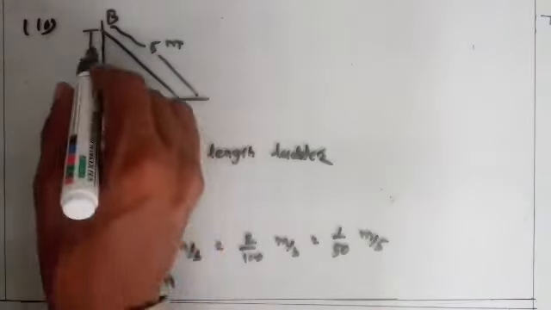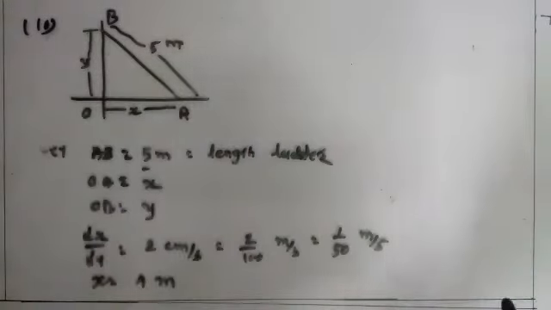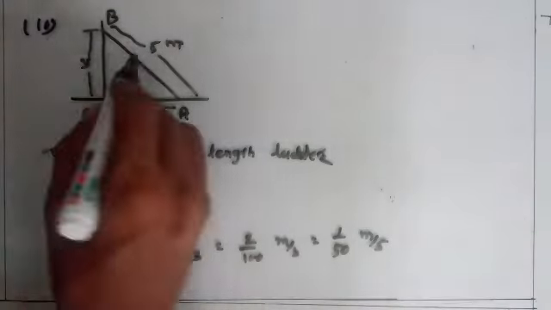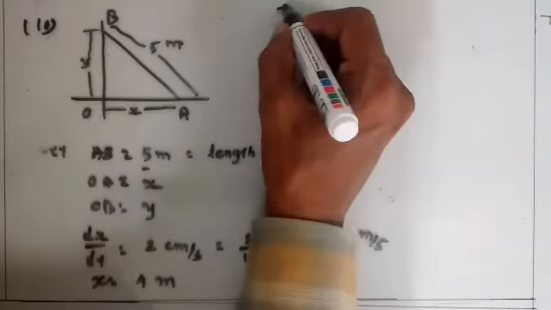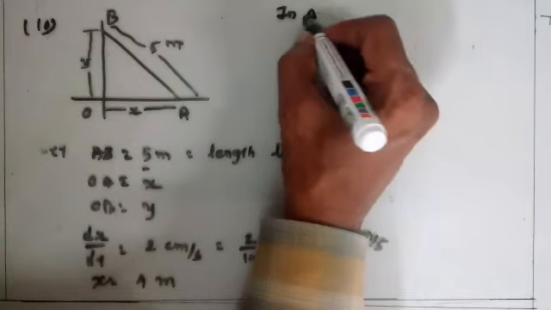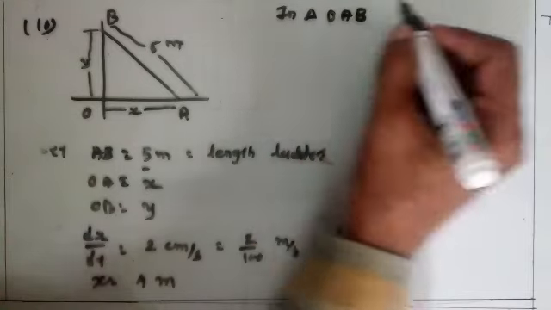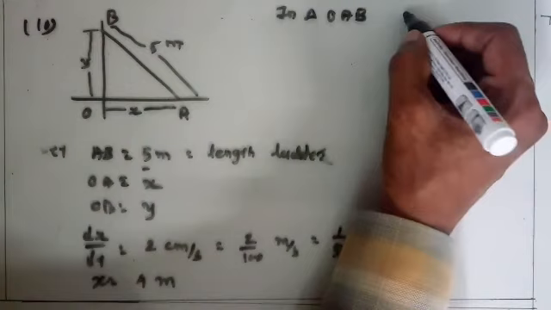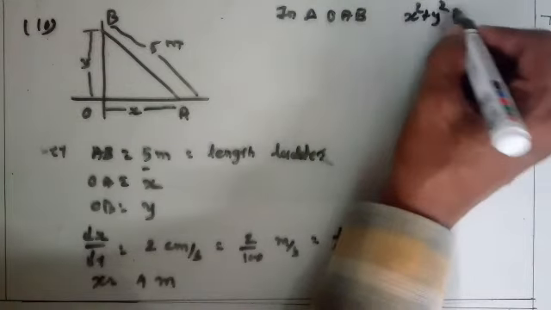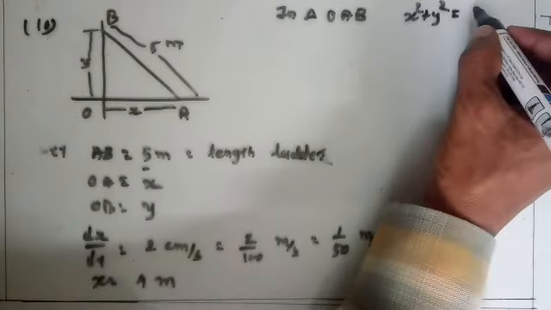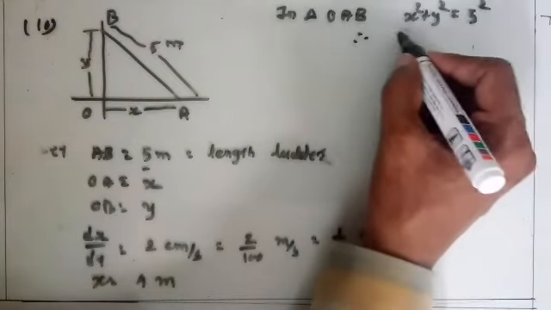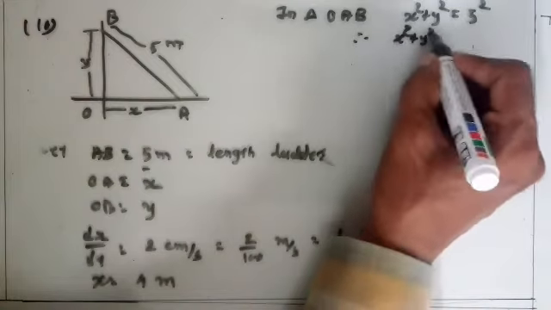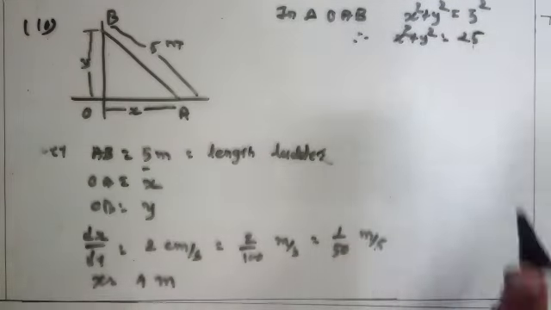Here from this triangle OAB we create an equation which gives a relation between x, y and the length of the ladder. In triangle OAB, using Pythagoras theorem, x square plus y square is equal to AB square, that is 5 square. Therefore x square plus y square is equal to 25. Clear?